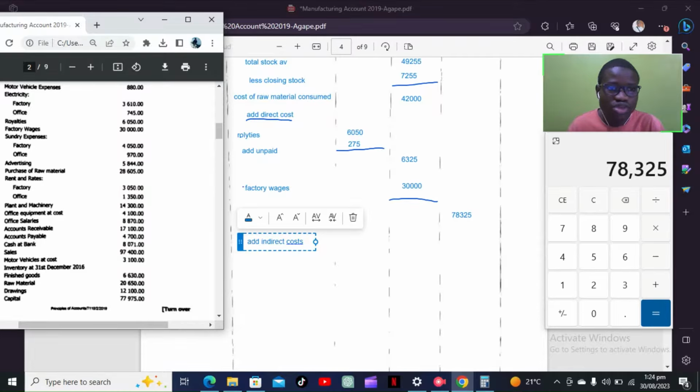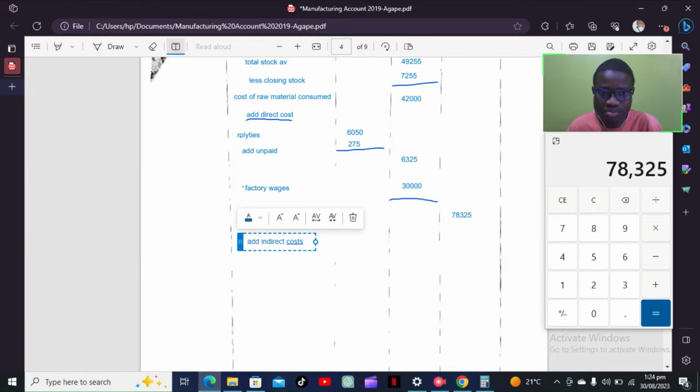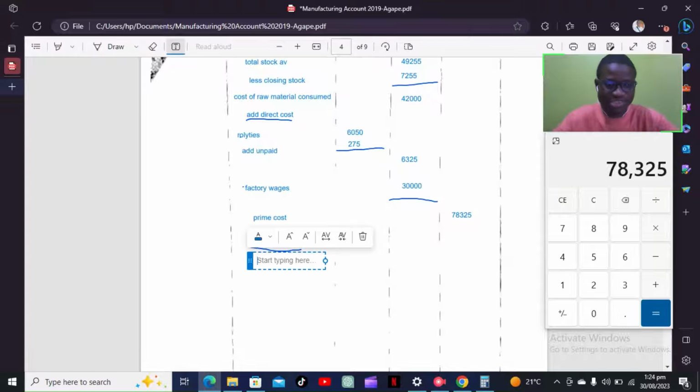How much was electricity for the factory? This was 3,610. So simply underline this. Then we're going to enter our electricity.